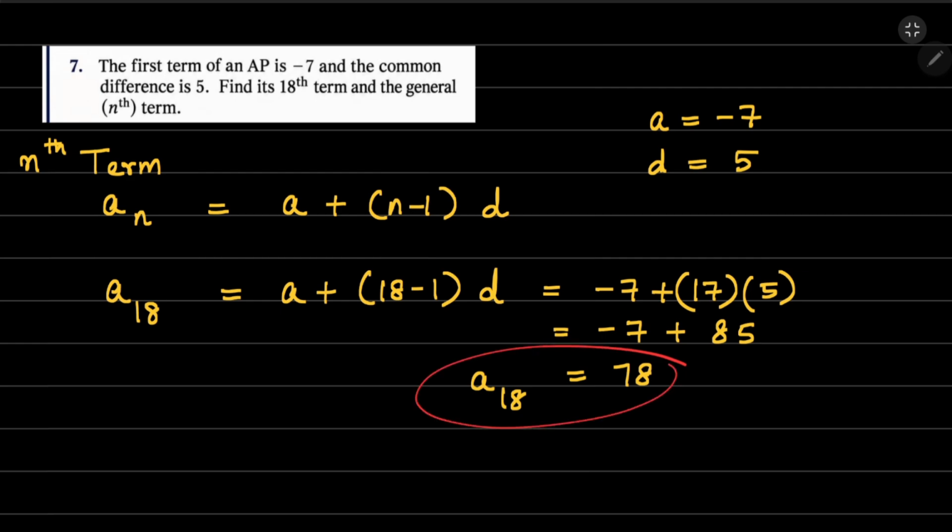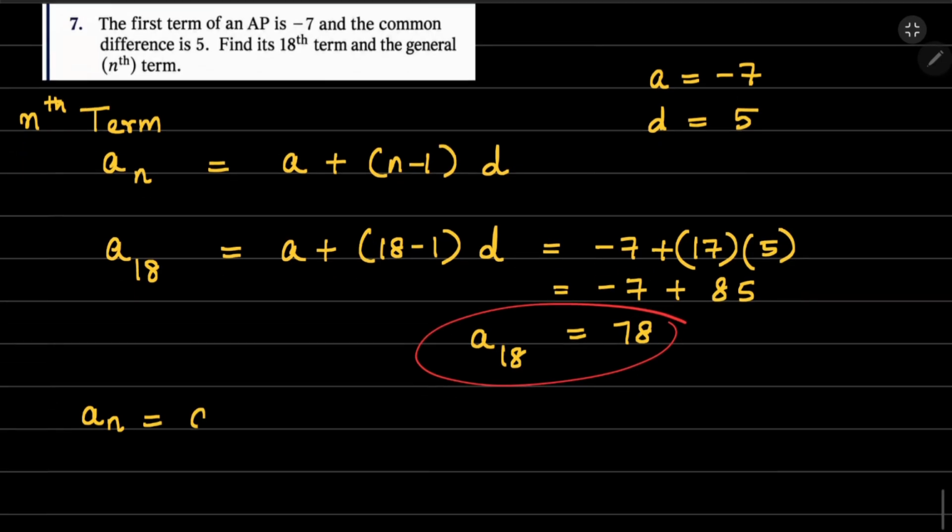Also, the second question is find the general nth term. So an formula is also asked for this specific AP. So just write A plus n minus 1 into d. Do not substitute the value for n at all because it's a general formula. So A is nothing but minus 7 plus n minus 1 into d is nothing but 5. Let's solve it.